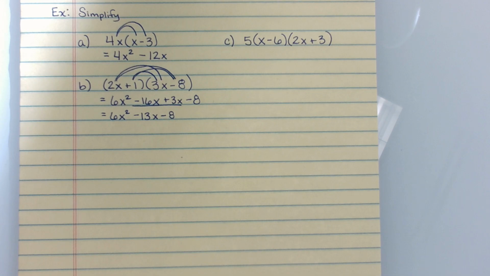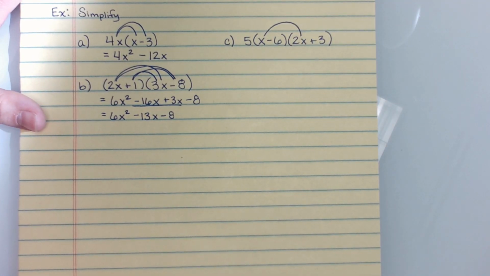Distribute the 5 into one of the parentheses is one option. I'll be honest, I find that to be the harder option. But if you want to do that, we could do that. The other option is distribute the parentheses into each other. I find that to be easier because then when I'm doing more multiplication, I'm working with smaller numbers and then multiplying by 5 afterwards. I don't care which you do, but you do need to make sure that you're distributing more than once.